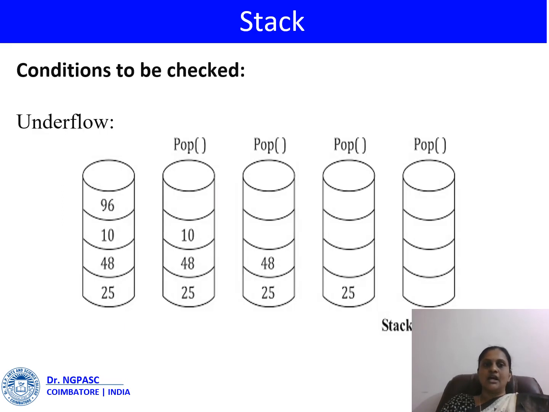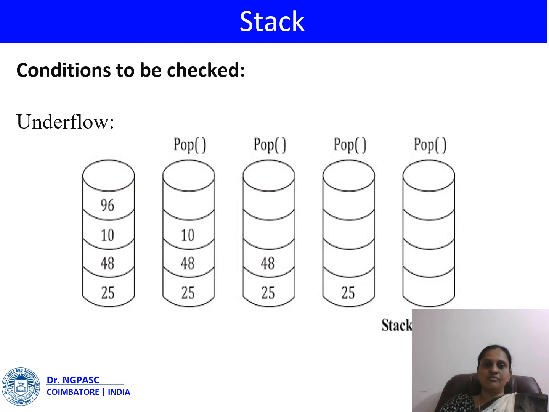Next, the underflow condition, when we are talking about the pop operation. For the push operation we check for overflow, and for the pop operation we check for underflow. In this example, the size of the stack is 4 and I have 4 elements in my stack. Now I do a pop operation.